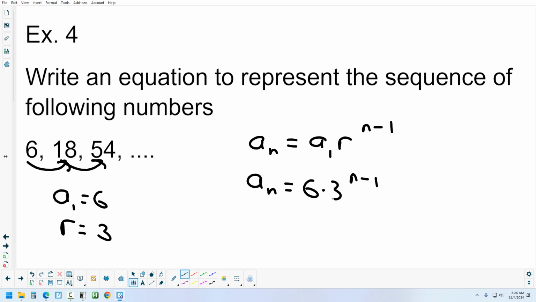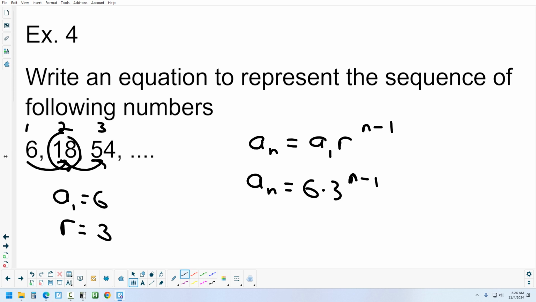Now let's finish up, try it, and see if it actually gives us the second term. When I plug in a 2, I should get an 18 if that formula works. Let's plug in a 2 for n. What's 2 minus 1? 1. What's 3 to the first power? 3. And what's 3 times 6? 18.